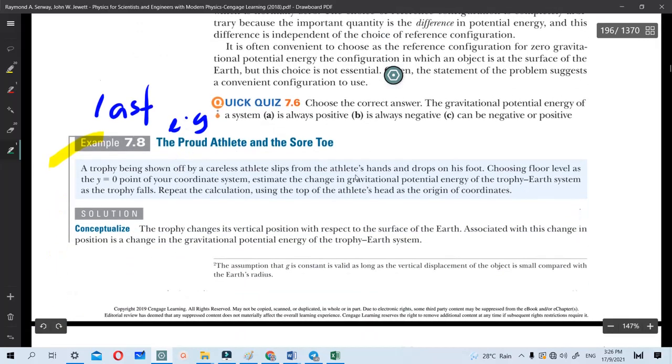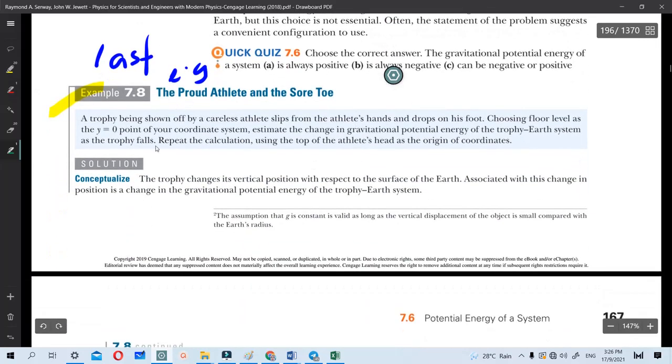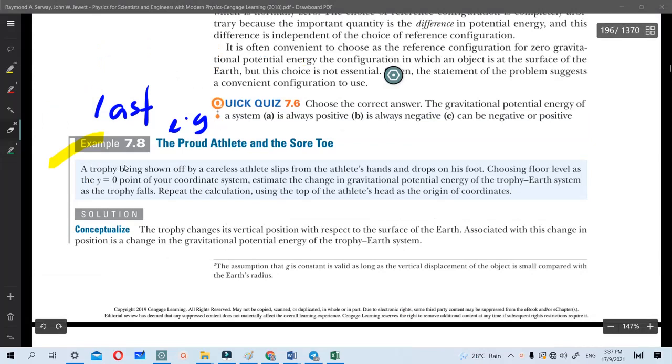Alright, let's look at this example. Let's look at example 7.8, which is supposed to be the last example coming from the textbook, but not from the examples. There is one more example to be covered in the additional example. So this is the case where all numbers given in this question is an approximation.